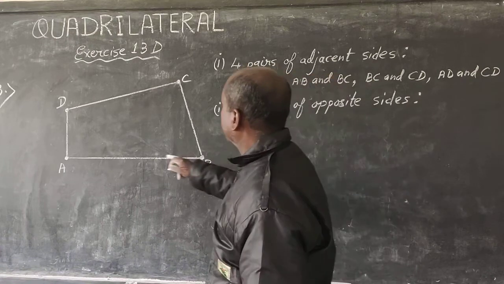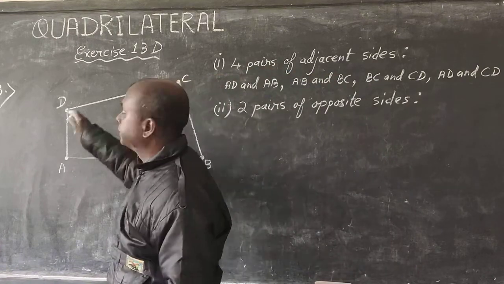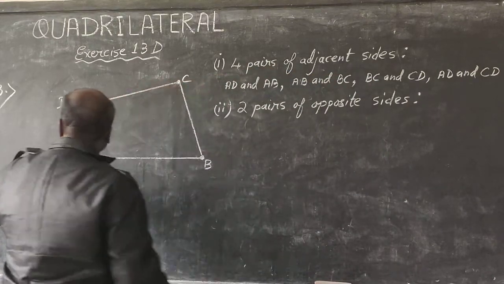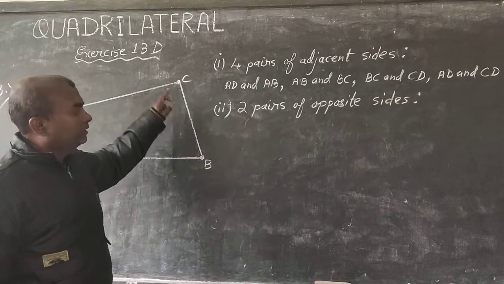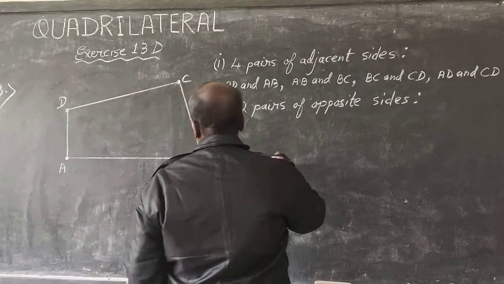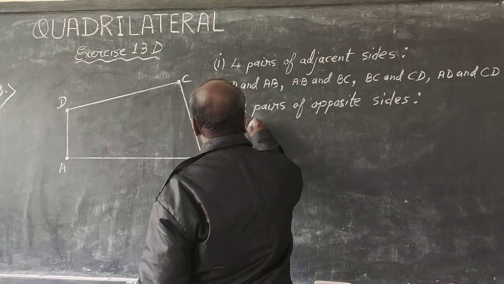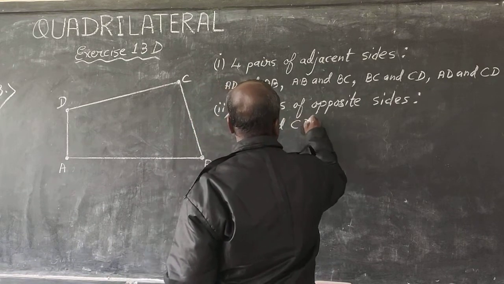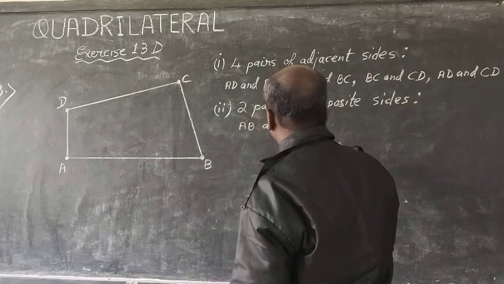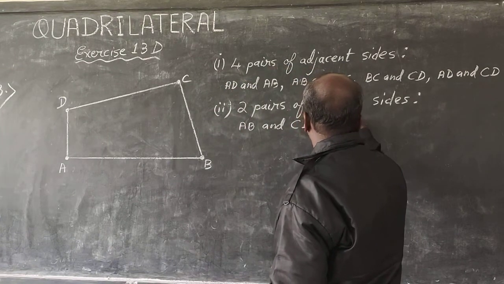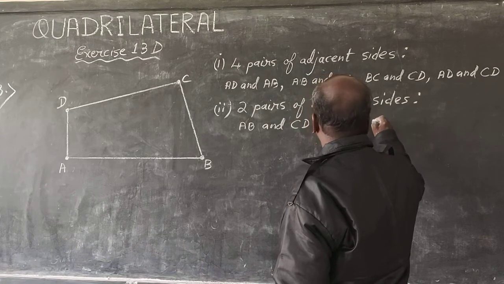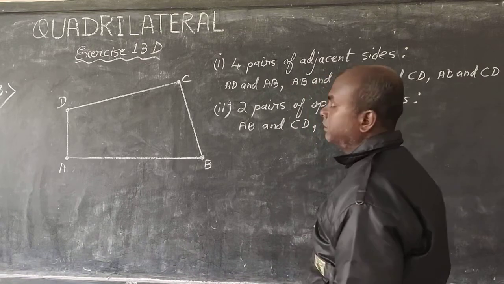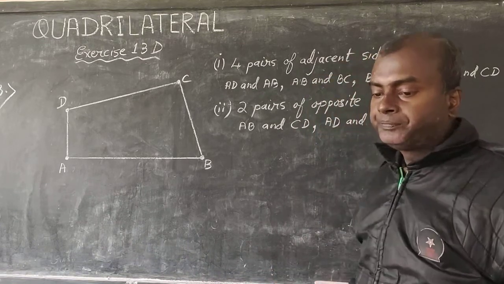One is, I already said, AB and CD. Another pair is AD and BC. These are the two pairs of opposite sides.